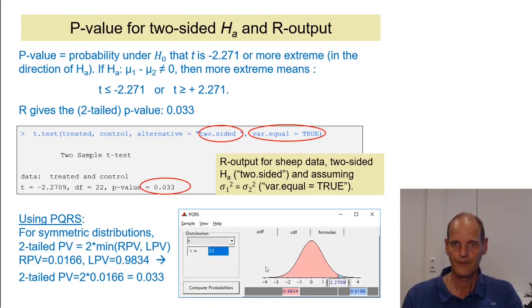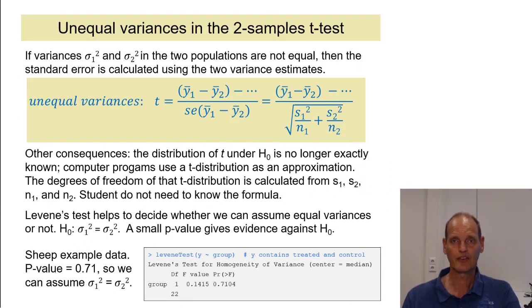Okay, then the case of unequal variances finally. If the variances are not equal, then we have a different standard error, at least in formula, but since n1 and n2 are equal, n1 is 12 and n2 is 12, the outcome will still be exactly the same.